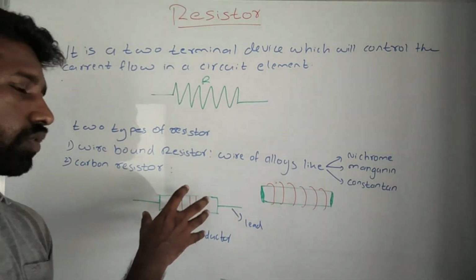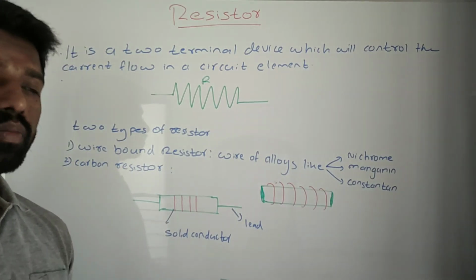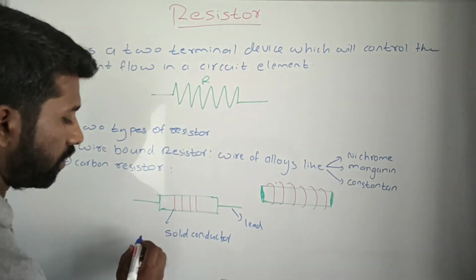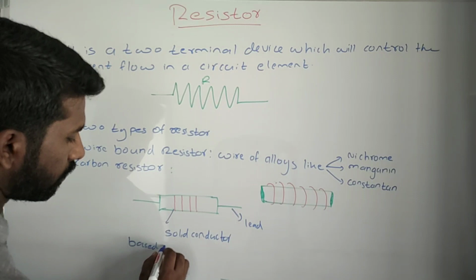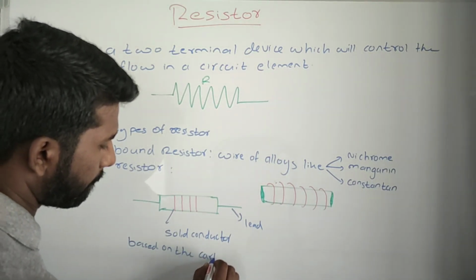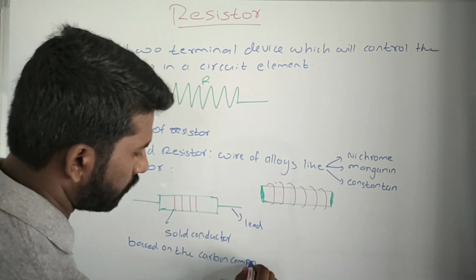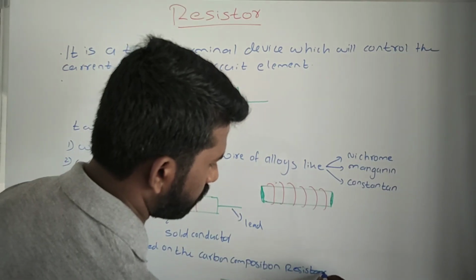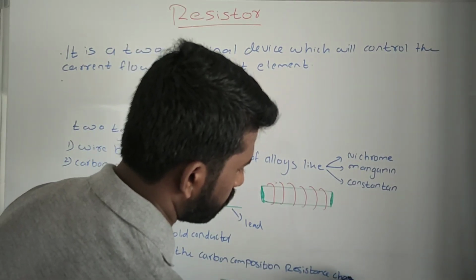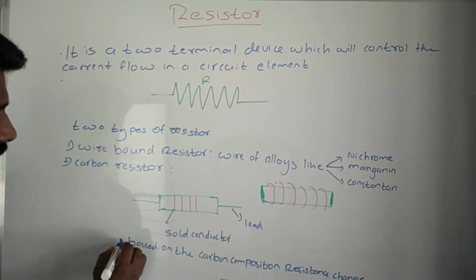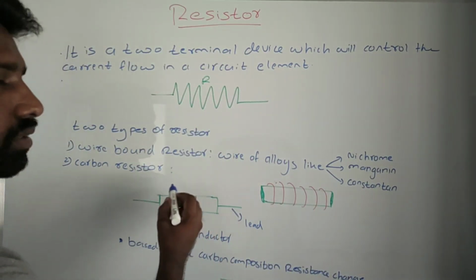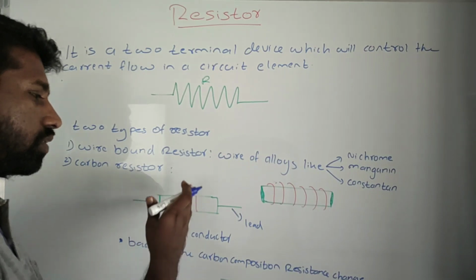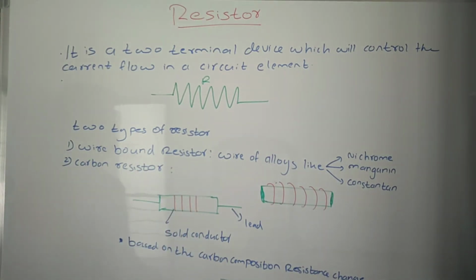In this solid conductor there is some carbon composition. So based on the carbon composition, the resistance value will vary. Clear? That is the two types.